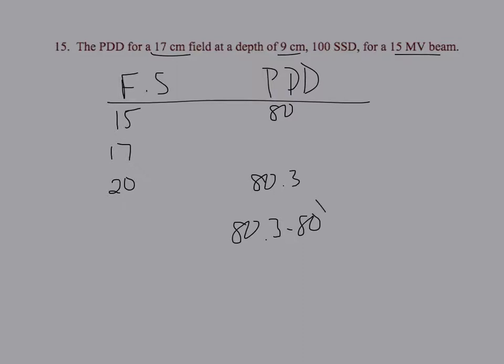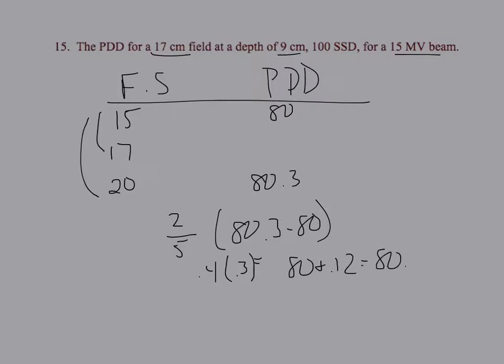So the difference, multiply that by the range, there's a difference of 2 there over a range of 5. So again, 0.4 times 0.3. So 80 plus 0.12, 80.1. 80.1 is your new percentage depth dose.